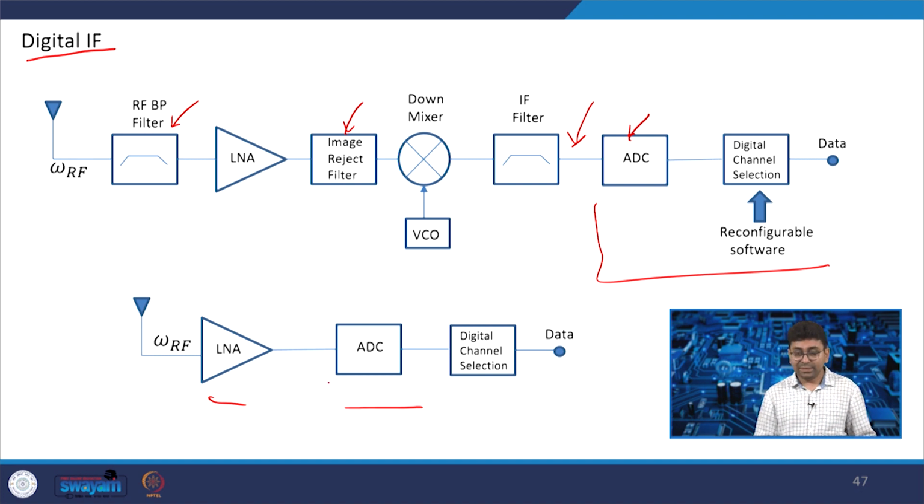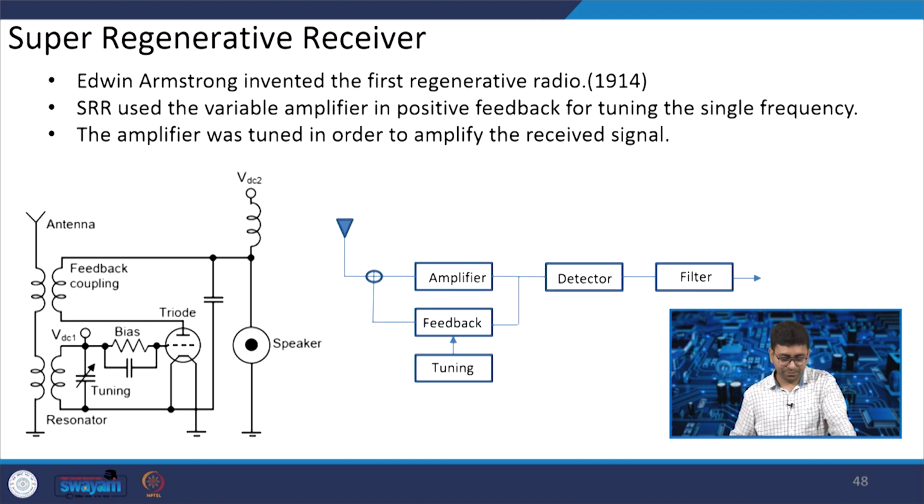This is a special kind of ADC that works at very high carrier frequency and converts to digital data. This is called a digital IF receiver.